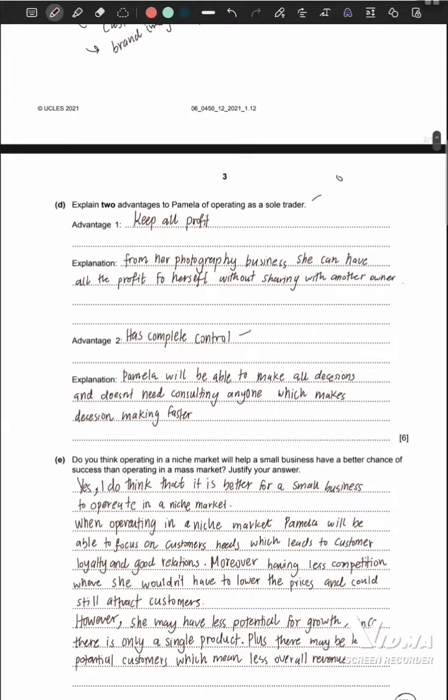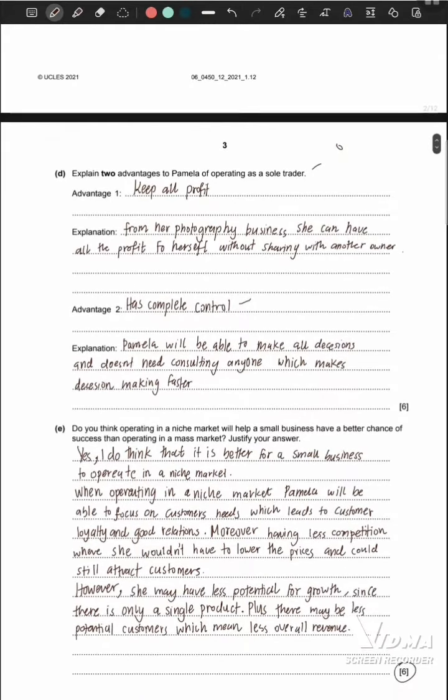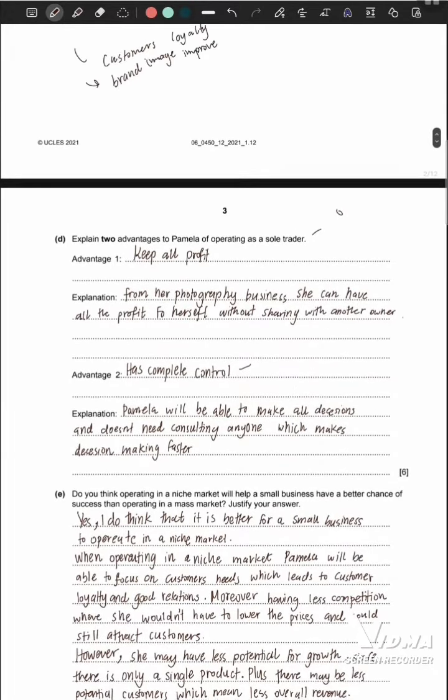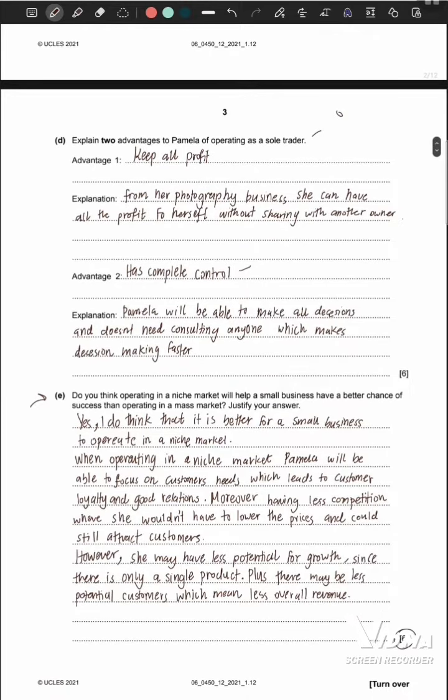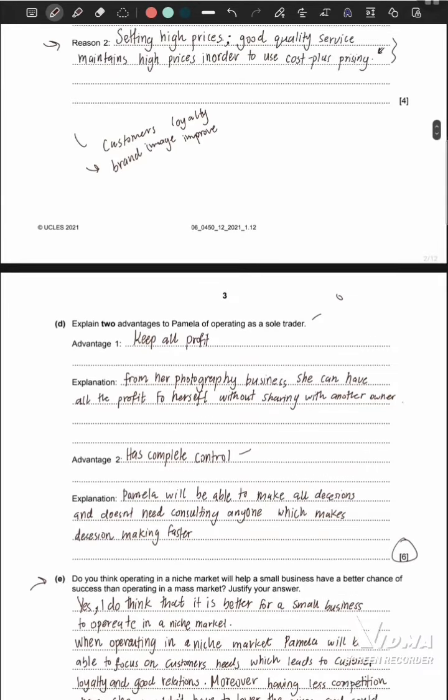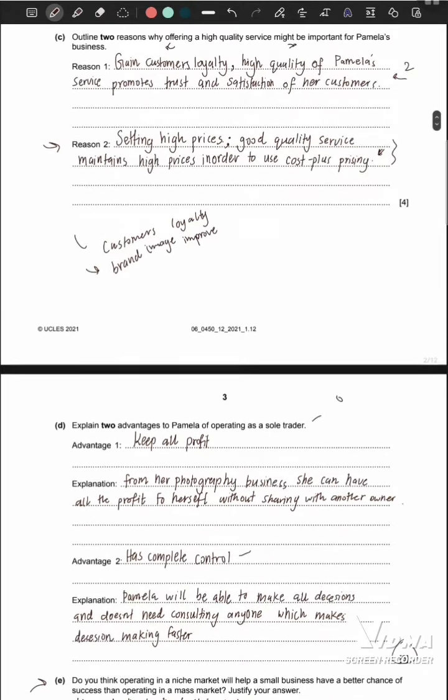Our next question, the last part of the first question, E, carries the most, actually no, these 2 carry the same, but this one is quite more complicated. Okay, let's go back to this question. For this, you'll get 1 mark for your advantage, and for explanation you'll get 2 marks.